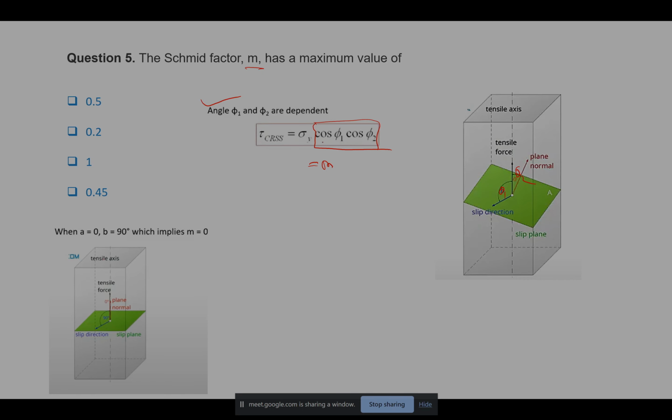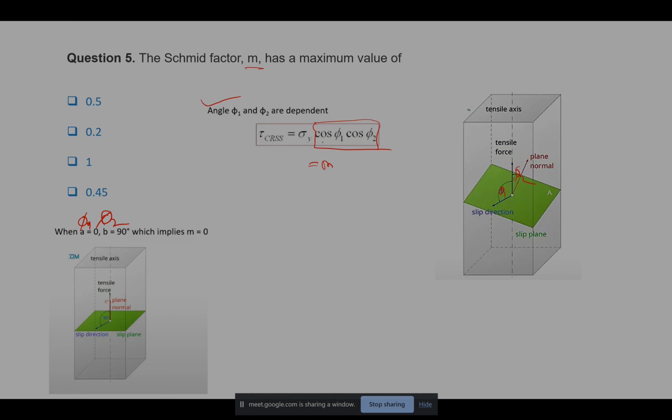In these three, we have tensile force and plane normal, one angle will be theta 2, and tensile force and slip direction, the other angle will be theta 1. So these two angles, instead of A, we'll take phi. Phi 1 is equal to 0, and phi 2 is equal to 90 degrees.